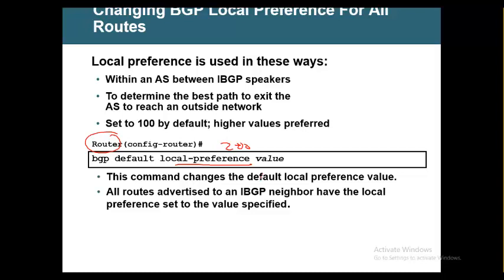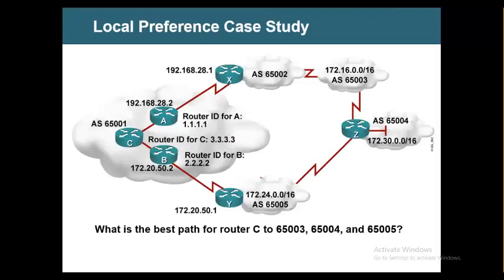Local preference is globally configured here, not for a specific prefix. Now this is a small case study. I want you to focus closely on this topology here. There is a network called 172.16.0.0, which is 1-2 hops.